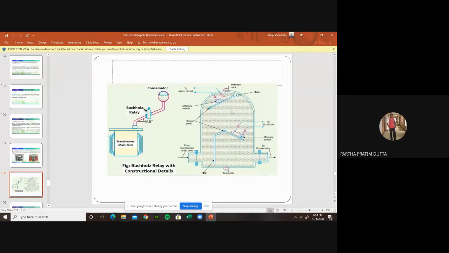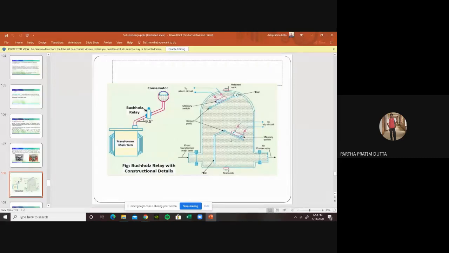When the oil goes down, this float comes horizontal, and this NO/NC contact closes, the alarm circuit and announcing circuit get actuated, and the alarm goes on. Again, the gas keeps evaporating, and the oil level of the conservator continuously goes down.